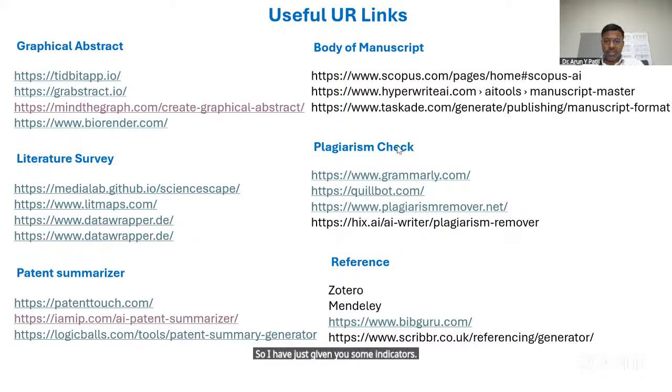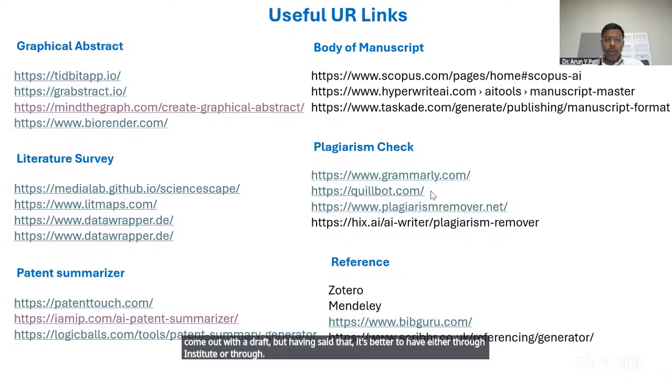When it comes to plagiarism check, you have done all the hard work and it has taken a toll on you to come out with a draft. But having said that, it's better to have it checked for plagiarism, either through your institute or on your own.